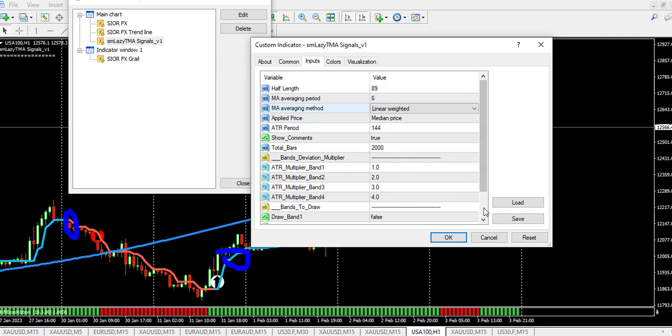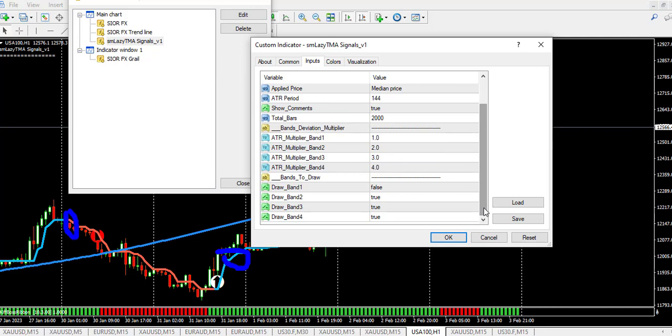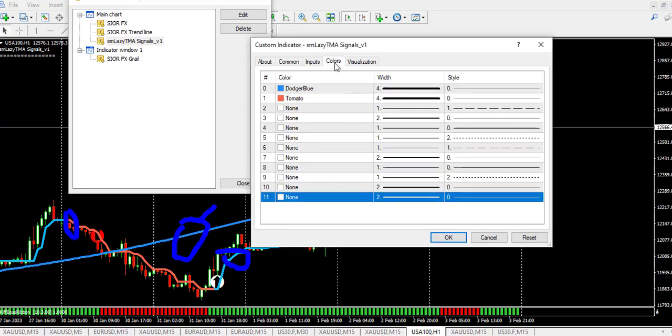Since I do not use all the bands, because this particular indicator is the one that I use for the major trend, and it has other colors, but I do not use the other lines. I only use the middle line, and that's why I turn all the other colors to none. You can see it here, number 2 to number 11.